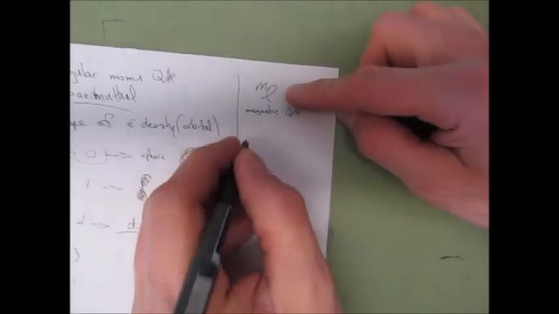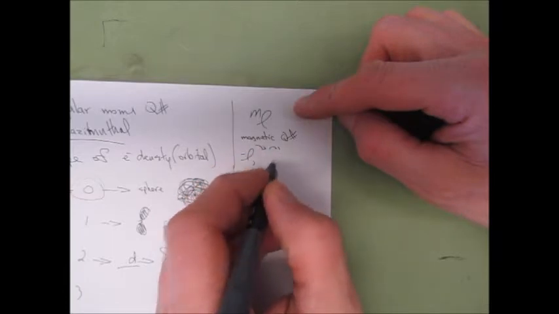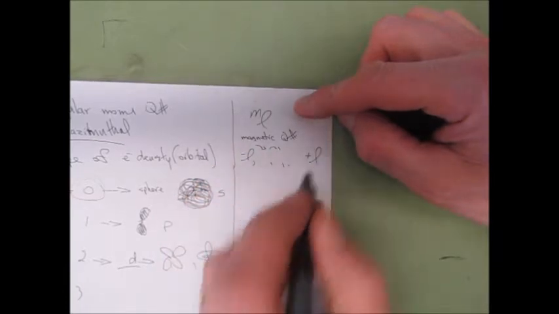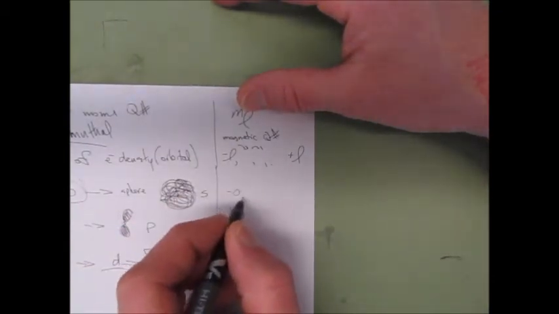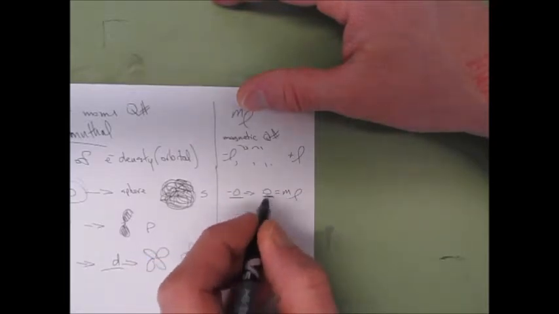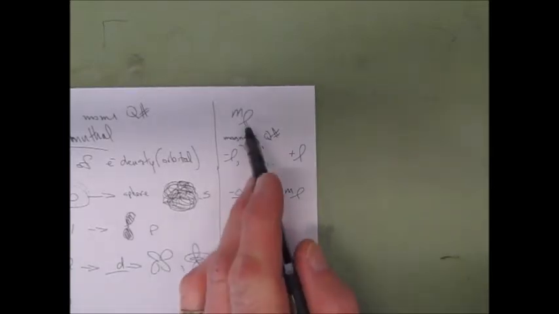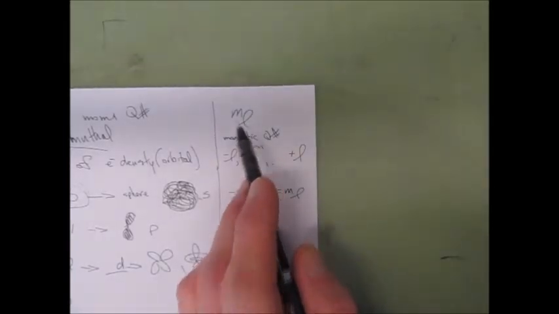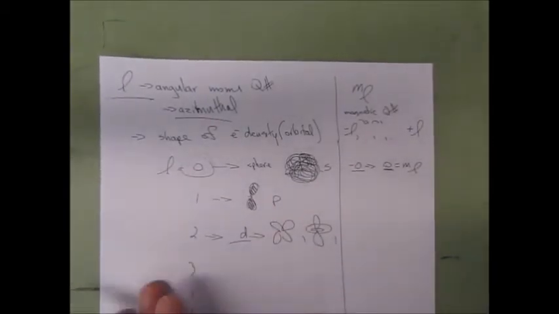But the ML had to take on numbers from the negative value of L, counting by integer numbers, all the way up to the positive value of L. So if we do it for s, if L is 0, you start at -0, and guess what? ML equals one number, 0, for an s orbital. What that says is, s orbitals only ever come as one orbital. So the ML number gives you an indication of how many of the L-shaped orbitals you have for the principal quantum number you're working with.